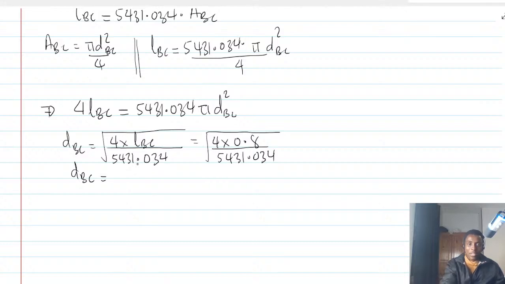All right. Someone has calculated the diameter: 0.024 meters. All right. I hope the concept is clear.